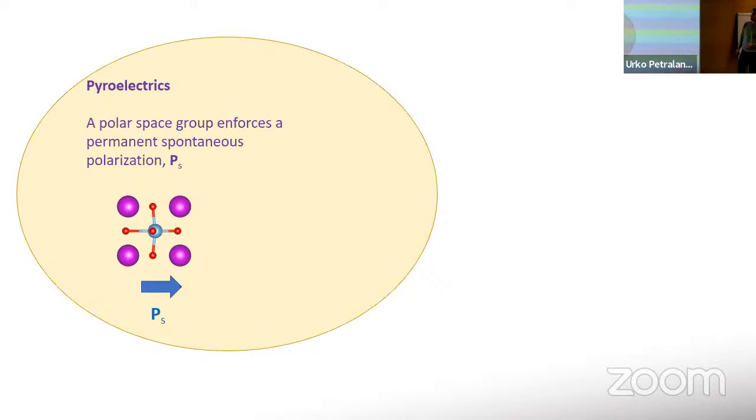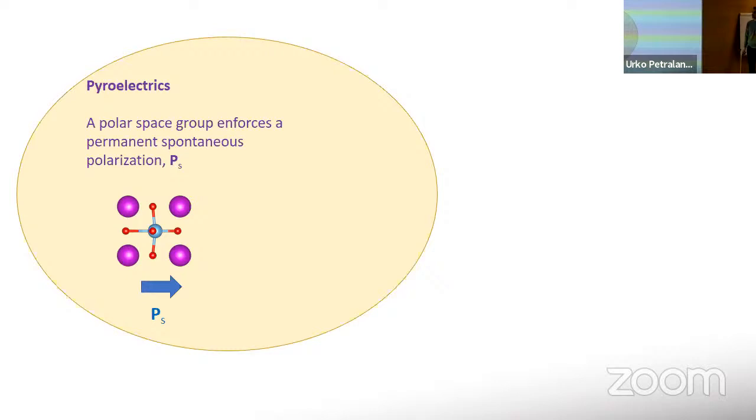Why do we call them pyroelectrics? Perhaps it's a historical reason, because temperature, which is the most common environmental variable we can think of, will in general change the atomic positions of materials, and this change of atomic positions will change the intrinsic dipole moment of the crystal.